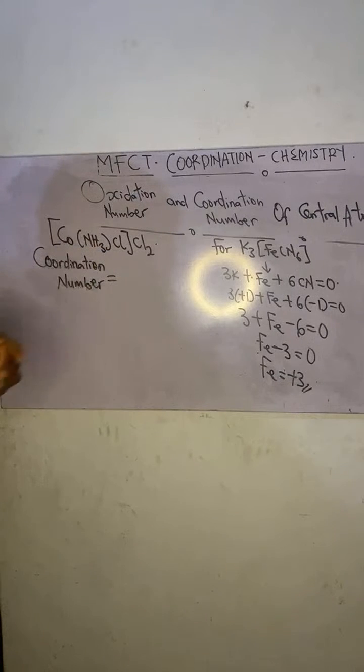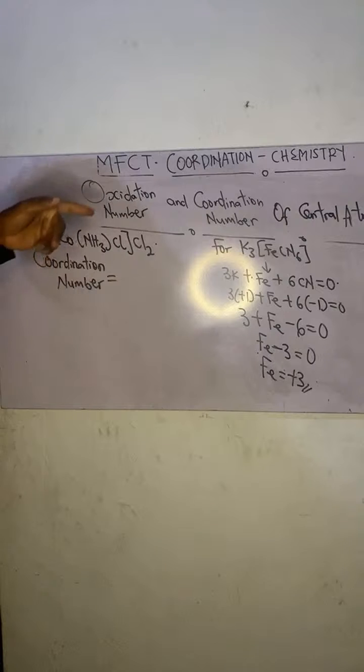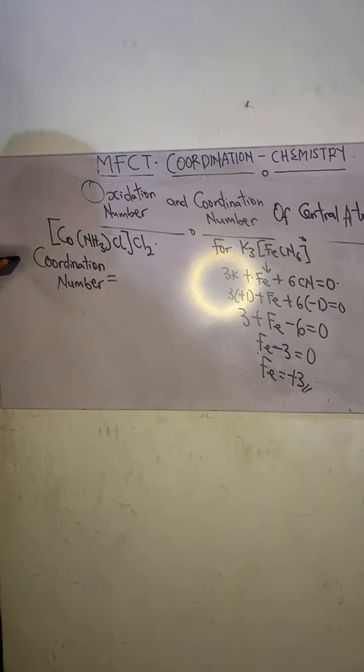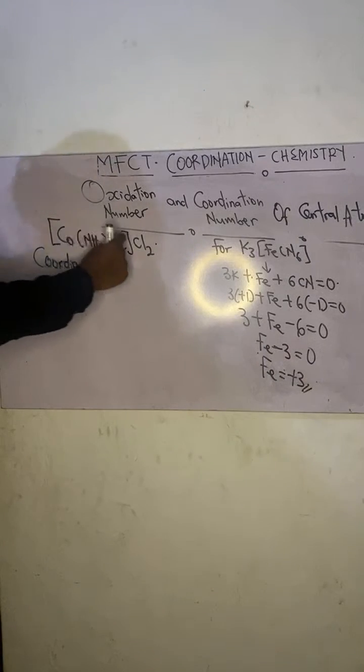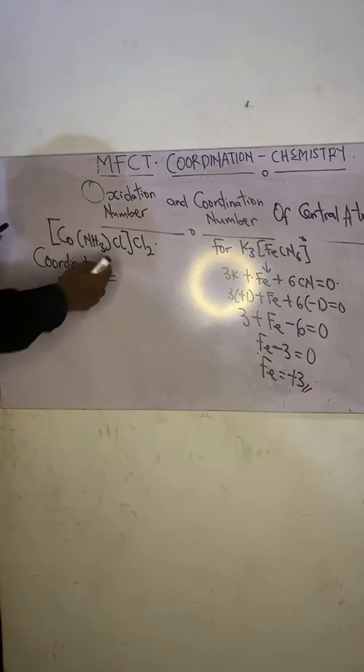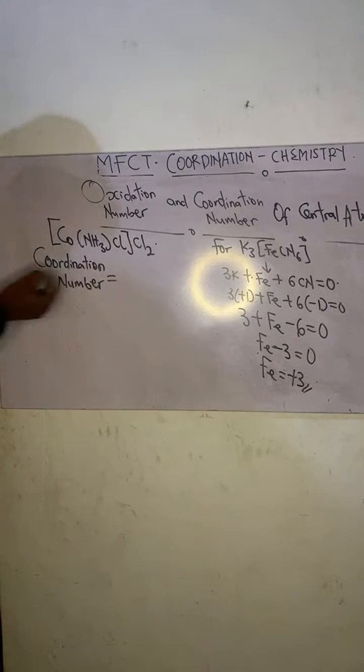So we have 2 ligands, because NH3 is one ligand, Cl is another ligand. Hence the coordination number is 2.